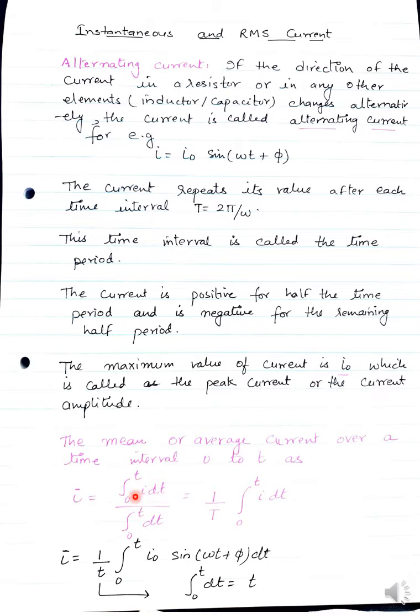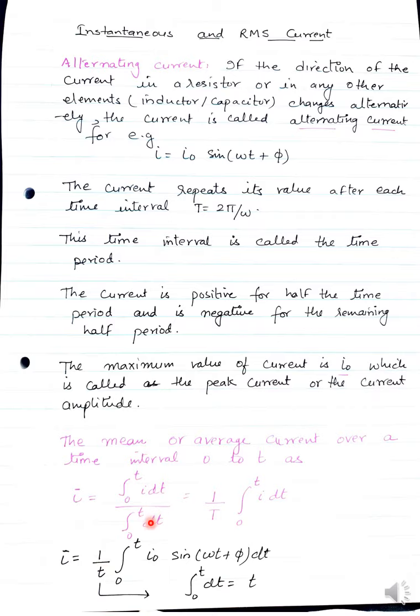So what we are doing is calculating the current from 0 to T in this time interval, and dividing it by the total time interval. If this total time interval is capital T, then we can easily replace the integral from 0 to T of dt by T, and it will be the integral from 0 to T of I dt.